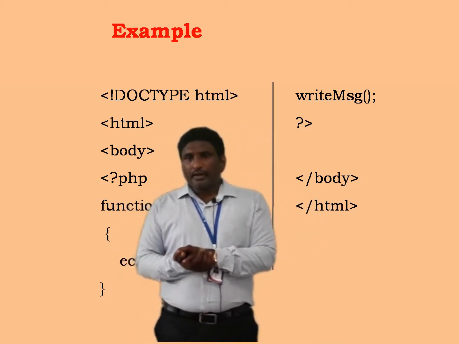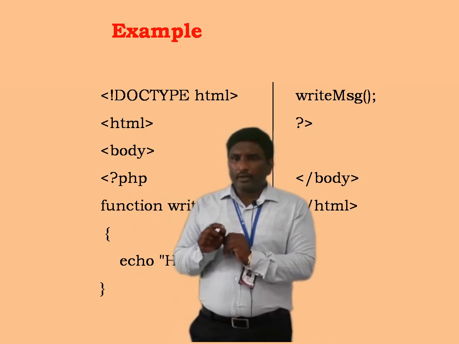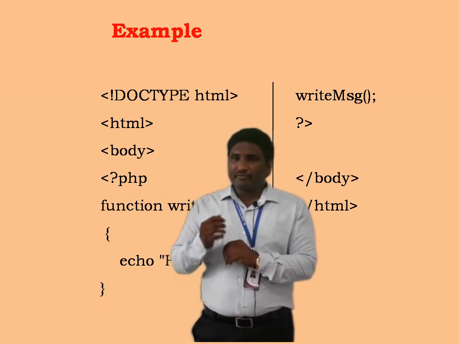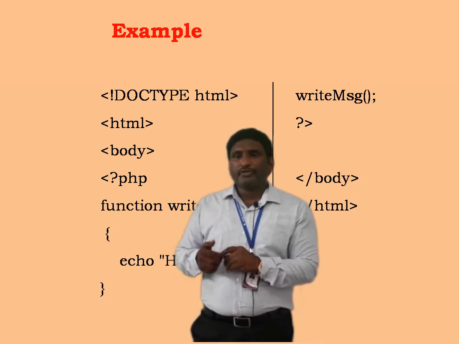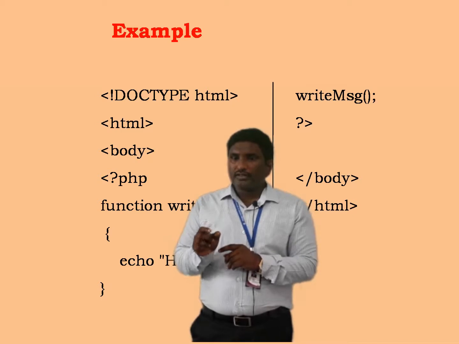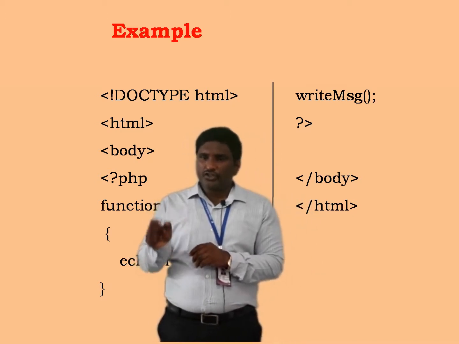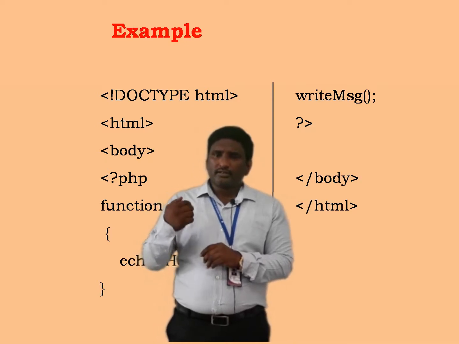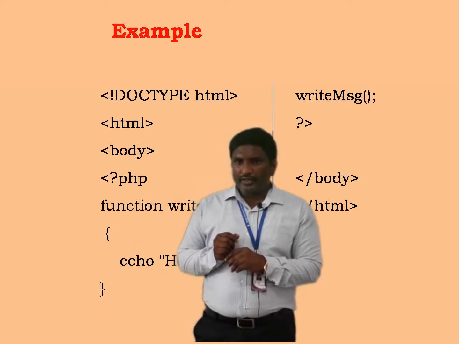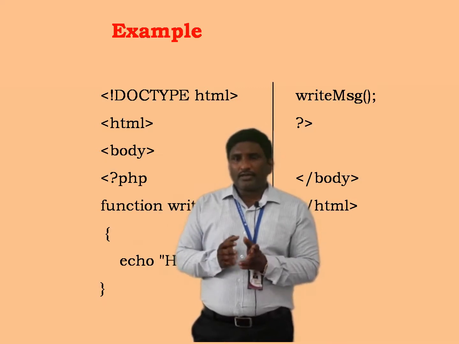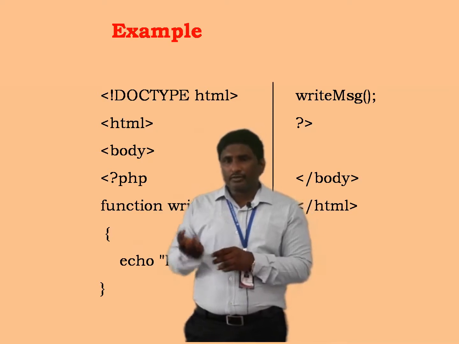Here I have written PHP code: left angle bracket, question mark, php. I create the function by using the keyword function, then function writeMsg. So here my function name is writeMsg. This is the syntax a programmer needs to follow. If there are two words, the function name starts with a lowercase letter, and the second word should start with a capital letter.